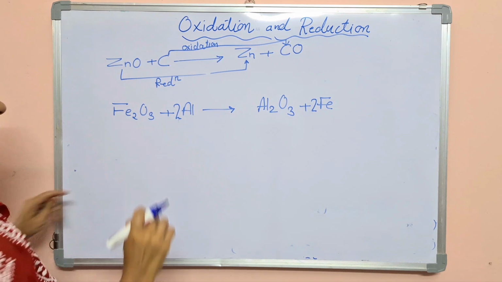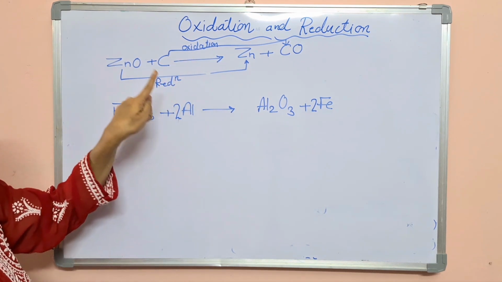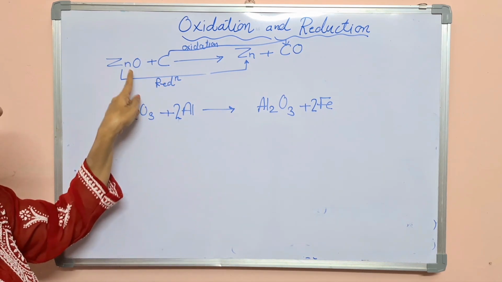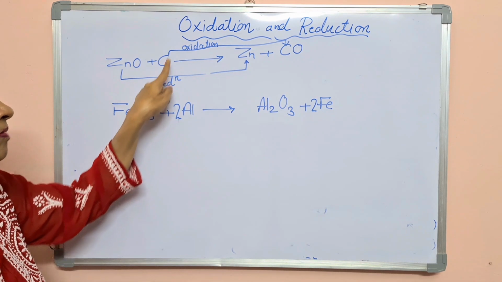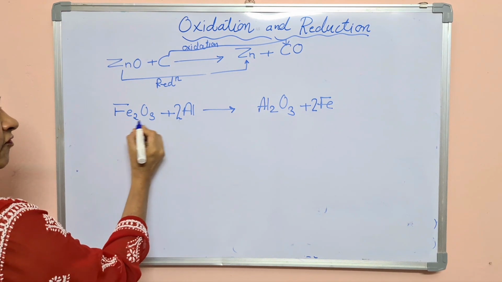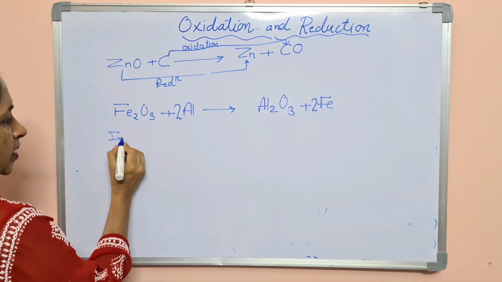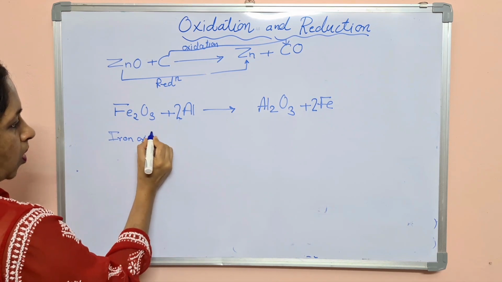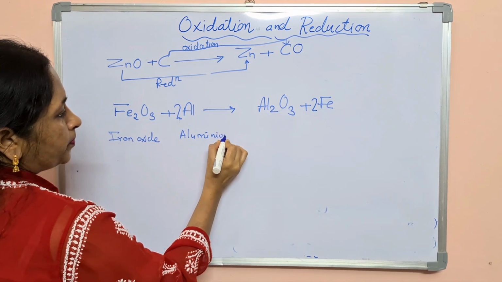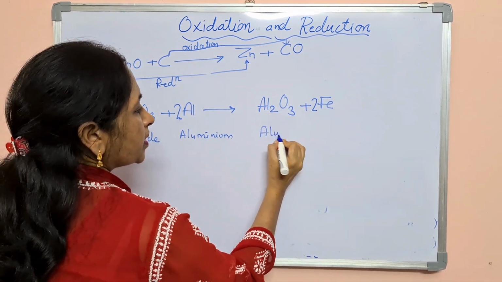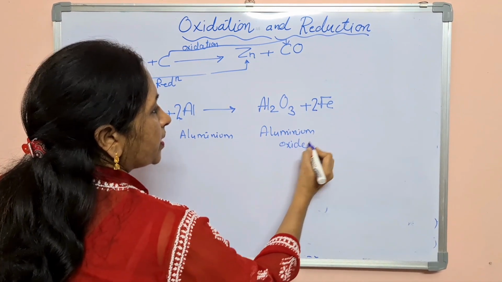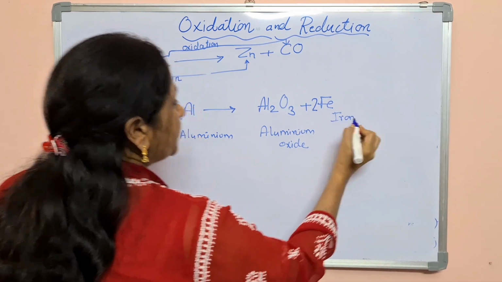Now I think it's clear why I said that oxidation and reduction take place simultaneously. In a reaction, remember, if one substance is reduced, definitely the other substance is oxidized. See, for this reaction also, you can see this Fe2O3, iron oxide, and this is aluminium, converted into aluminium oxide, and this is iron.